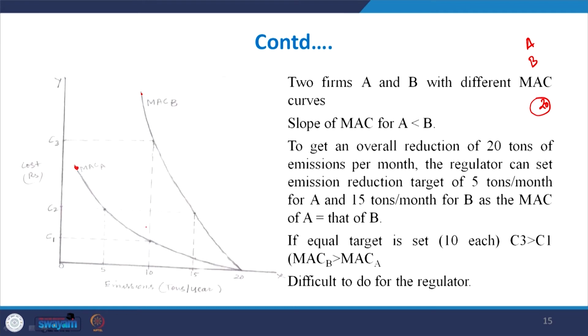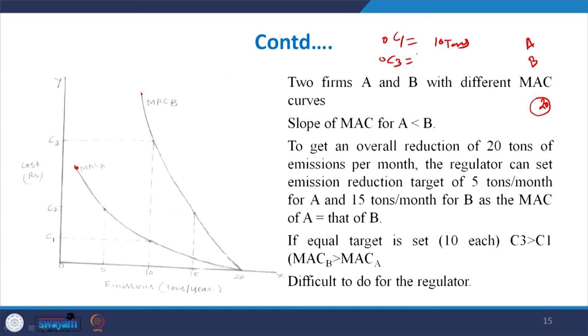and if you take this 10 tons of CO2, then what you will find is that if A firm emits 10 tons of CO2, or emission is abated, then OC1 will be the cost when 10 tons are emitted, and if B firm also emits 10 tons, then OC3 will be the cost for B firm.